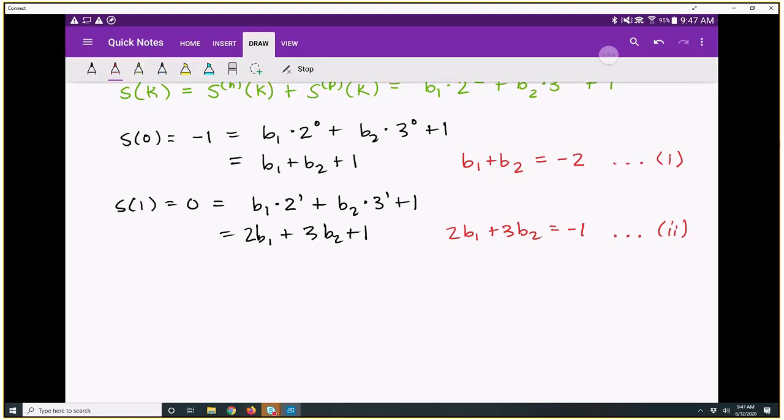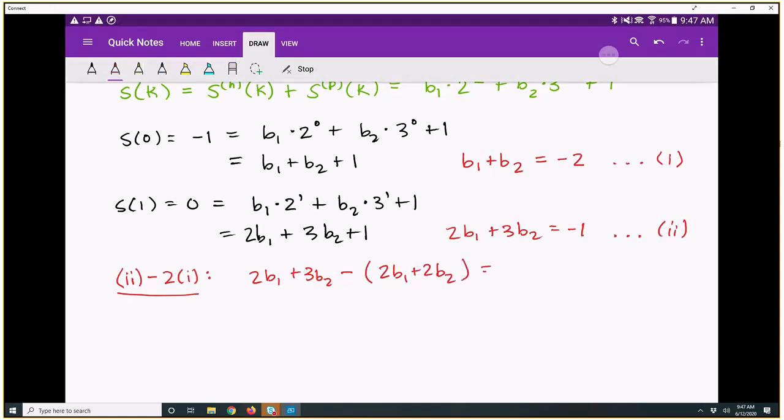And I'm going to do this by eliminating the variable b1. So I'll multiply equation 1 by 2 and then subtract it from equation 2. So equation 2 minus 2 times equation 1. On the left-hand side, that should be 2b1 plus 3b2 minus 2b1 plus 2b2.